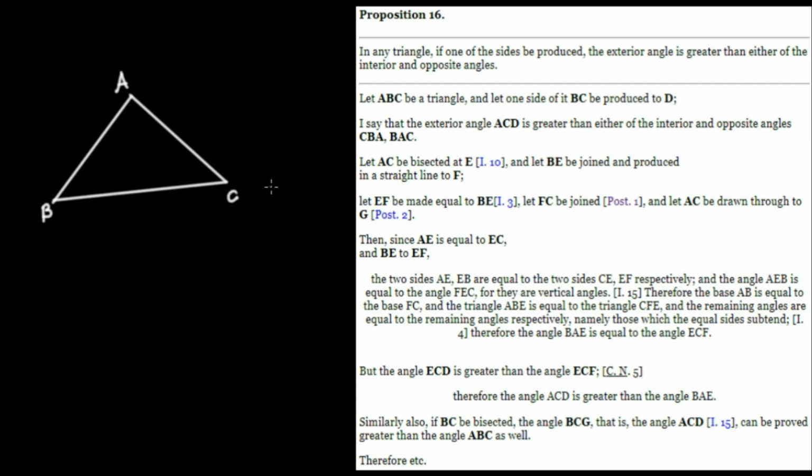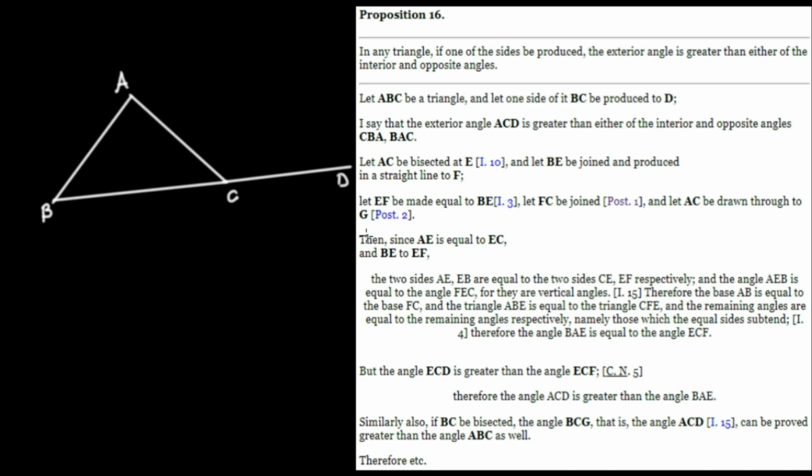And let one side of it, namely BC, be produced to D. So we're going to extend this in a straight line further to D. He says that the exterior angle, ACD, is greater than either of the interior and opposite angles, namely CBA and BAC.